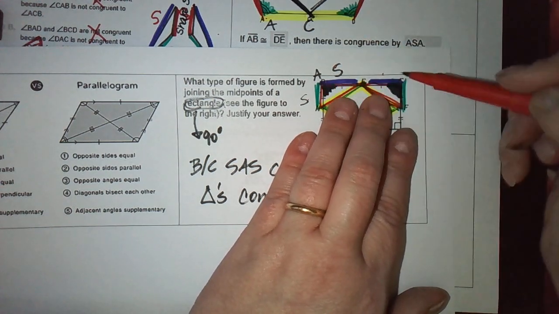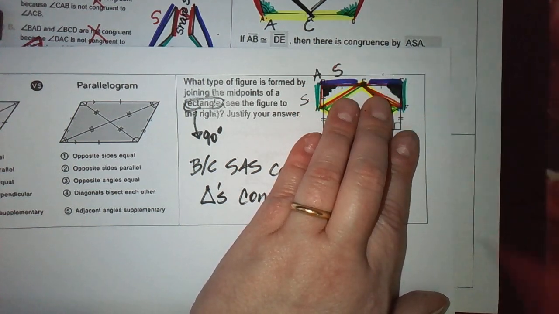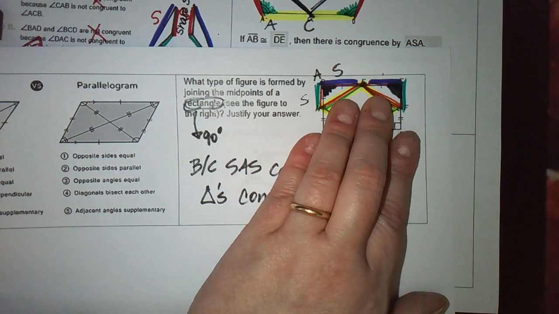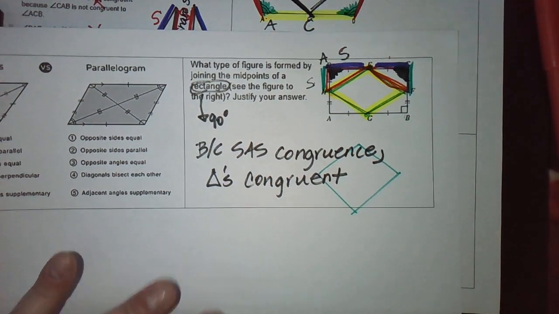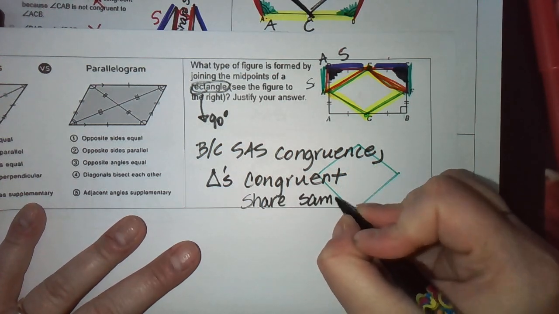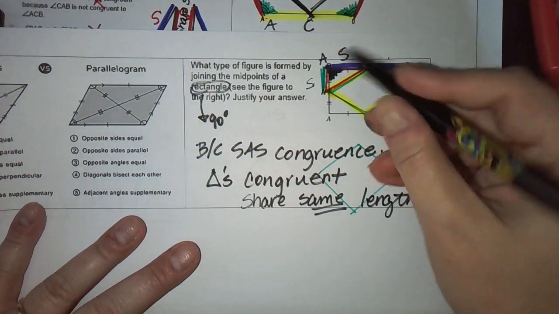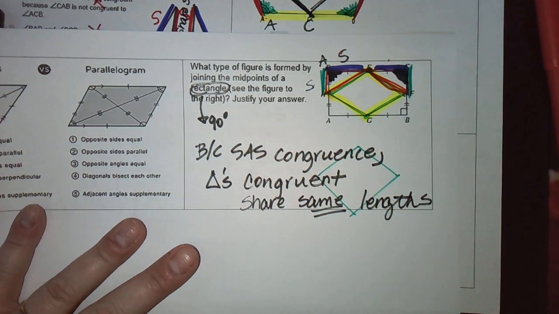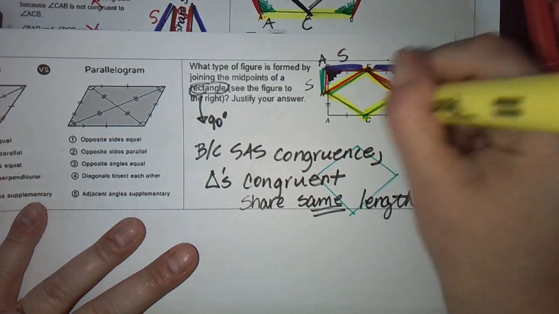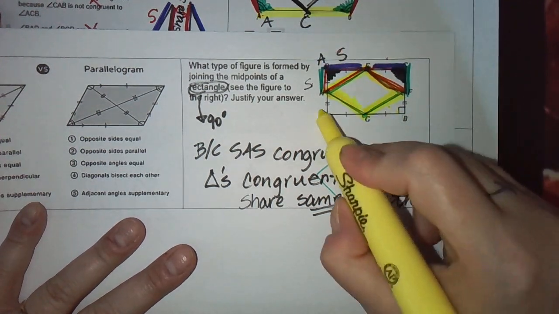So that means these two triangles are congruent by SAS, meaning this diagonal is going to be the same length. So this diagonal of the triangle is equal to this diagonal over on the right triangle, equal to the diagonal of the bottom triangle, equal to the diagonal of this left triangle.